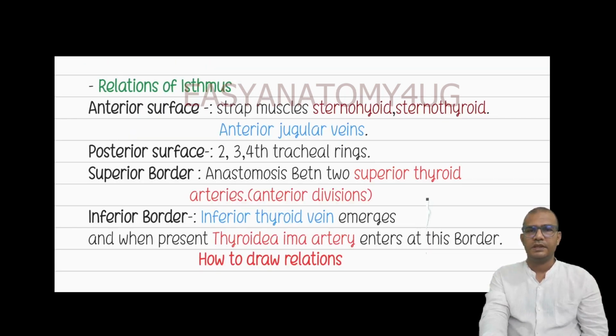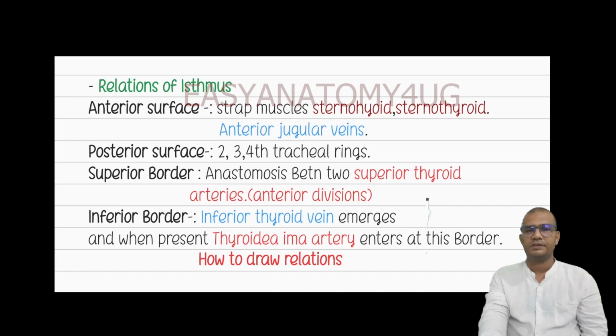Let us discuss the relations of isthmus. Isthmus is quadrilateral. As we know, it has got two surfaces and two borders. The anterior surface of the isthmus is related to the strap muscles, that is sternohyoid and sternothyroid, and it is also related to the anterior jugular veins. Posterior surface is strapped to the second, third, and fourth tracheal rings.